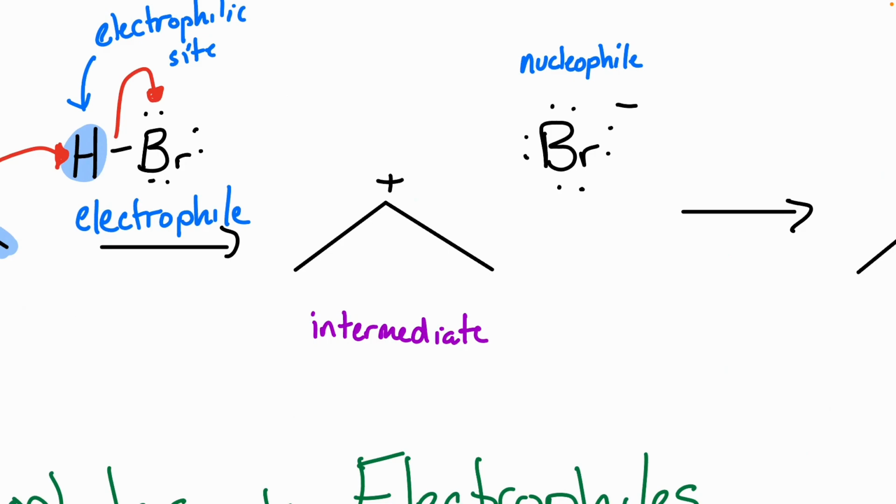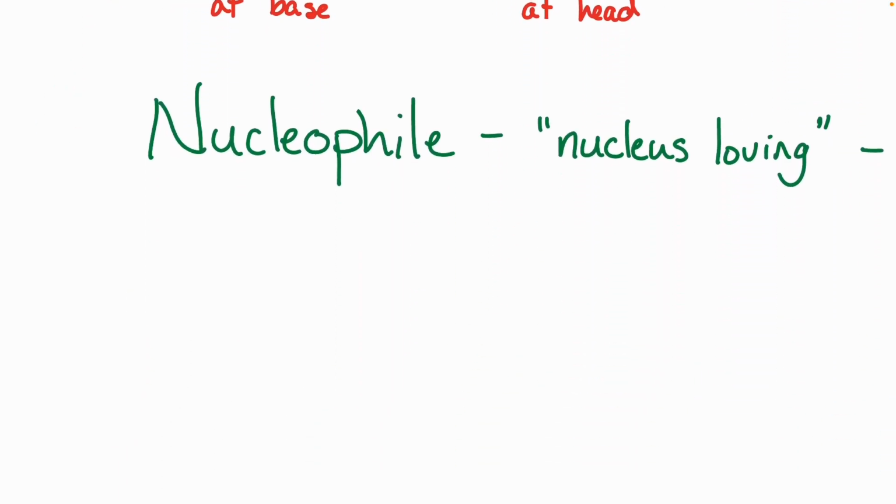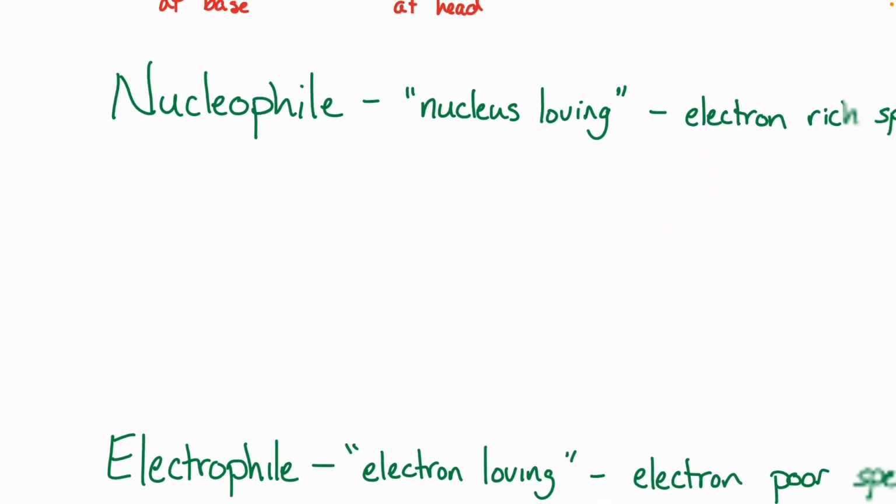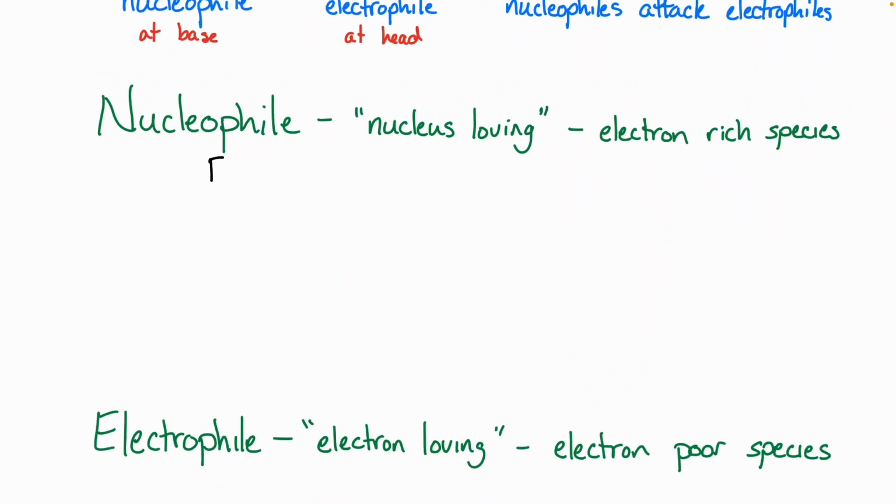Because it's got that negative charge, right? So yeah, absolutely. That one's the electron-rich species because it's got a negative charge. And on the flip side, my carbocation is my electrophile, my electron-poor species because it's got a positive charge, okay? So strictly speaking, in order to be a nucleophile, you have to have a pair of electrons to donate.